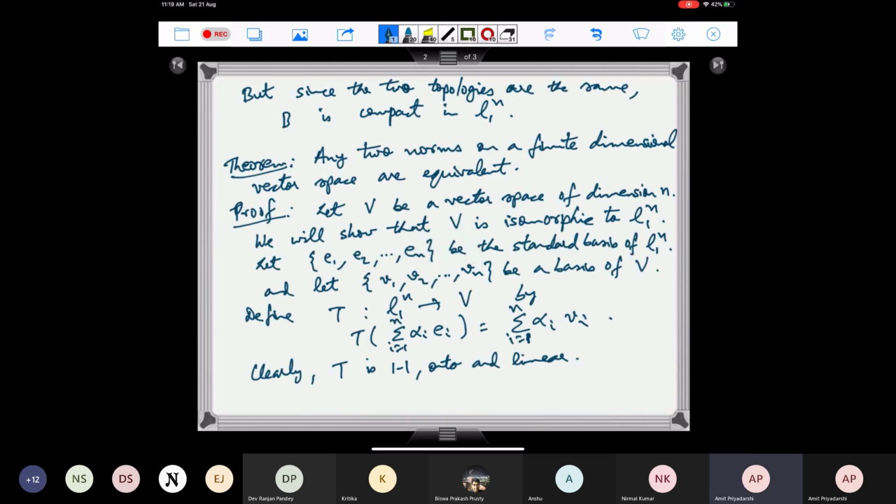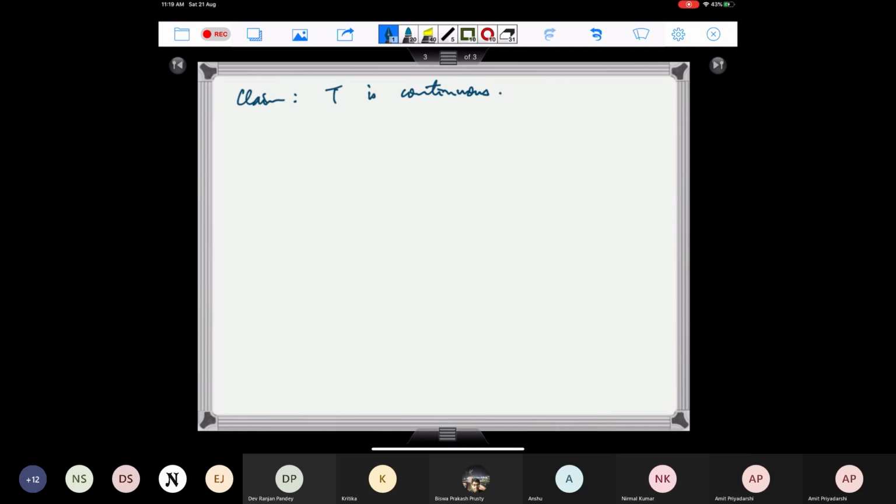Just like we proved that from L1n to Rn, if we had any norm on Rn, then that is bounded. So similarly we can do for this. If x is equal to summation alpha i ei belongs to L1n, then T of x is summation alpha i vi.